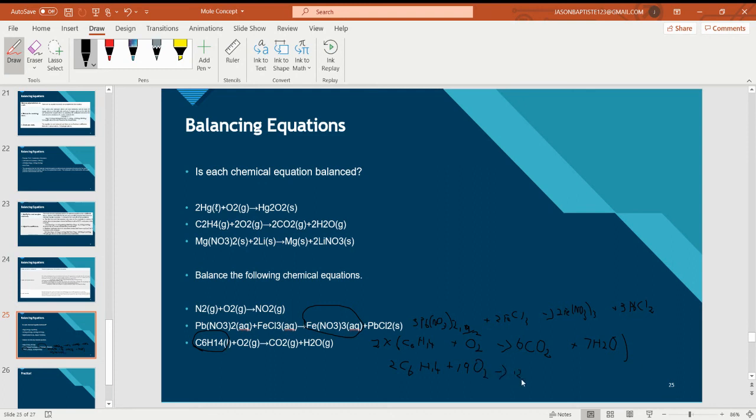Now we have 12 carbon dioxide, and we have 14 water molecules. So in total on both sides now, we have 12 carbons on both sides. We have 28 hydrogens on both sides. And now we have 38 oxygens on both sides.